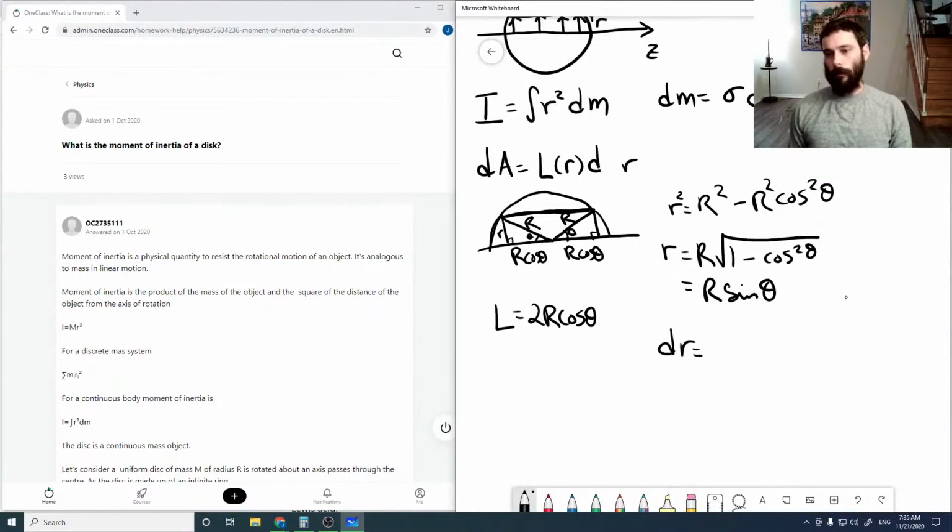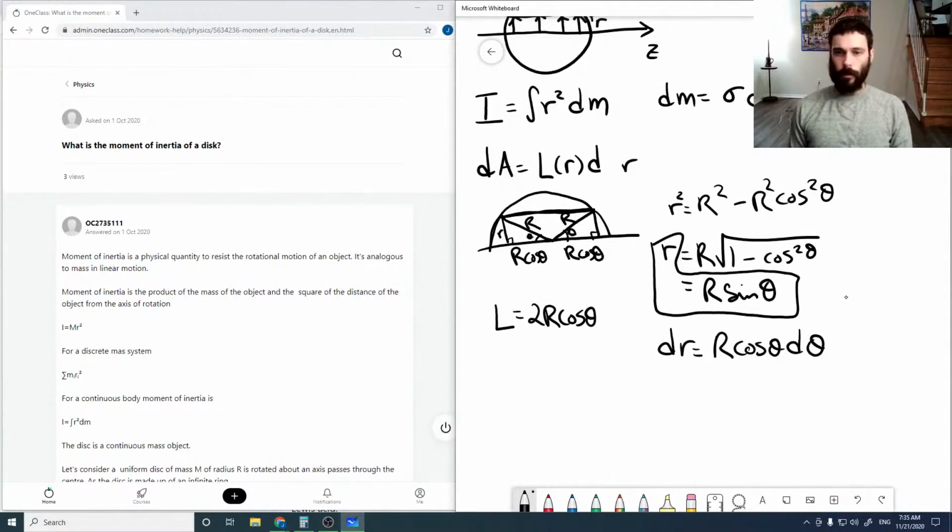So dr is R cos theta d theta, just by taking the derivative of this expression. Okay, and there's our length, as there's two of them. That means that our dA expression is now 2R squared cos squared theta d theta.